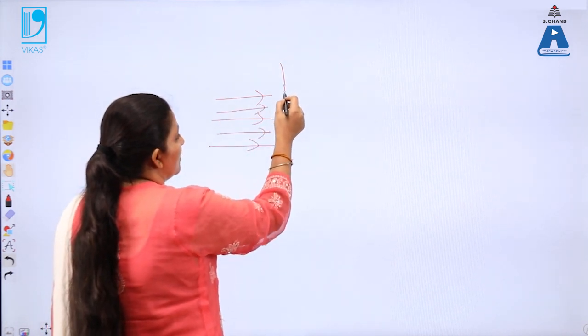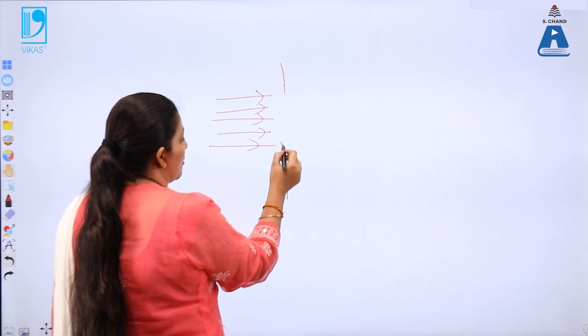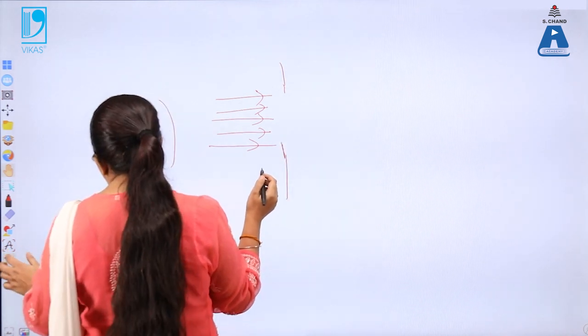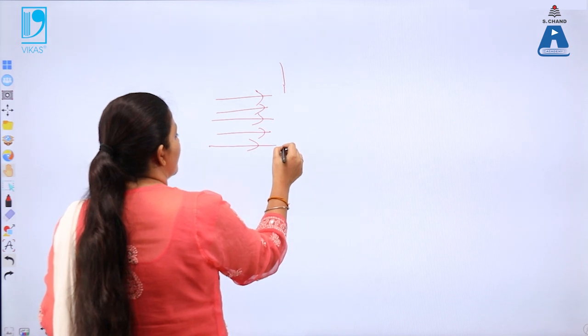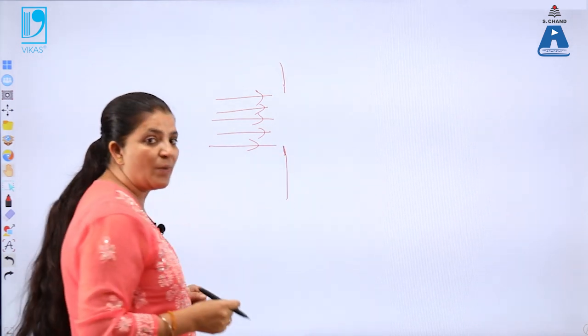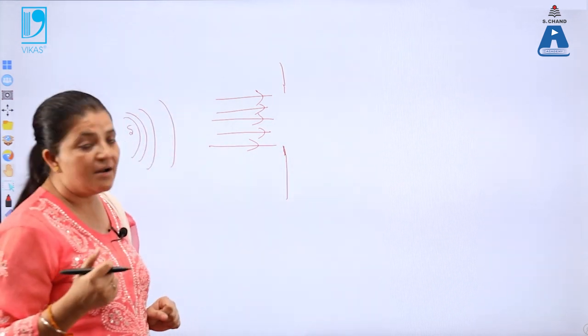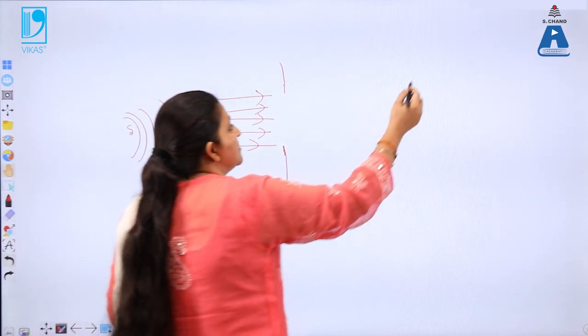Again, we know that at the corners of the slit there occurs bending of the light. Due to this bending of light we get the diffraction pattern on the screen.